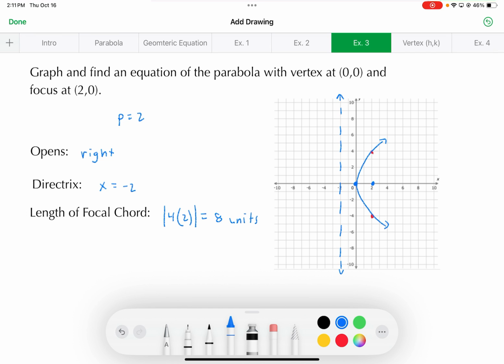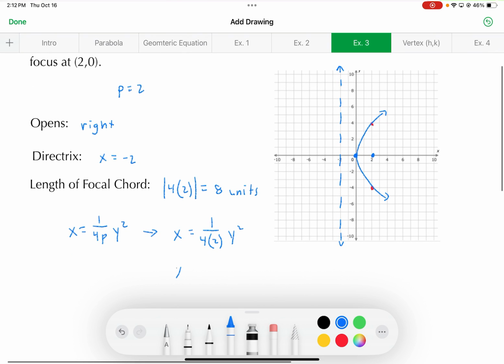Well, since we're opening to the right, our model would be x equals 1 over 4p times y squared. So that would be x equals 1 over 4 times 2 multiplied by y squared, or x equals 1/8 y squared.